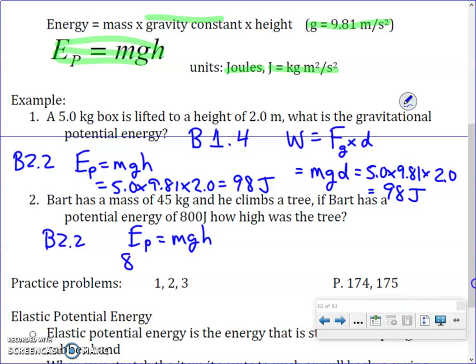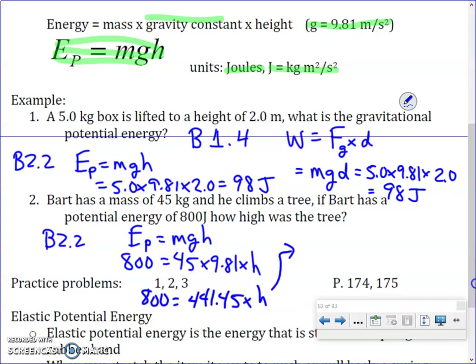You have 800 for the potential energy, the mass of 45 kilograms, 9.81 for your gravity constant, times the height. So I'm going to calculate the right-hand side by multiplying 9.81 times 45, and I get the following. 800 equals 441.45 times h.